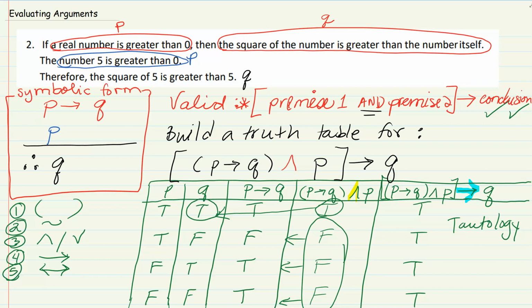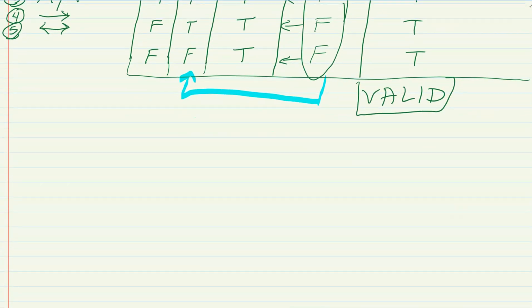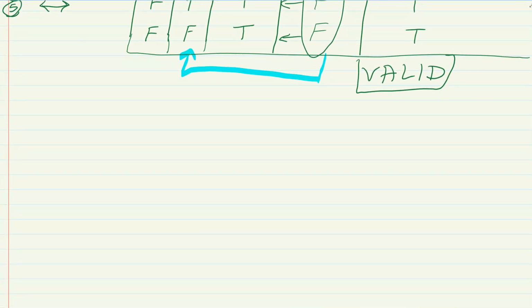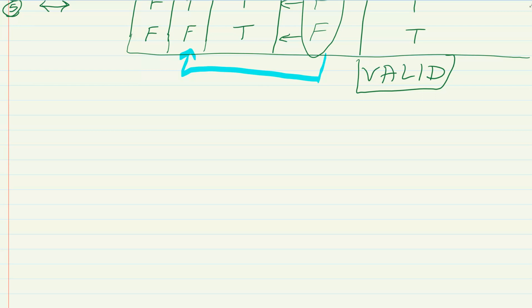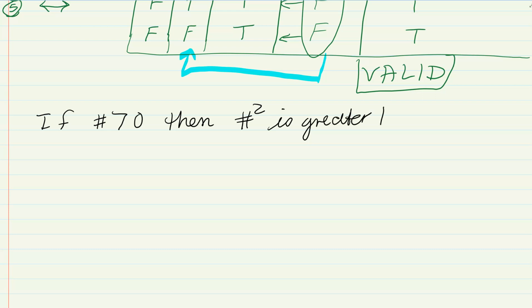Now, when we look to determine whether it is sound or not, it said if a number is greater than 0, then the number squared is greater than the number itself. Is it a true statement?